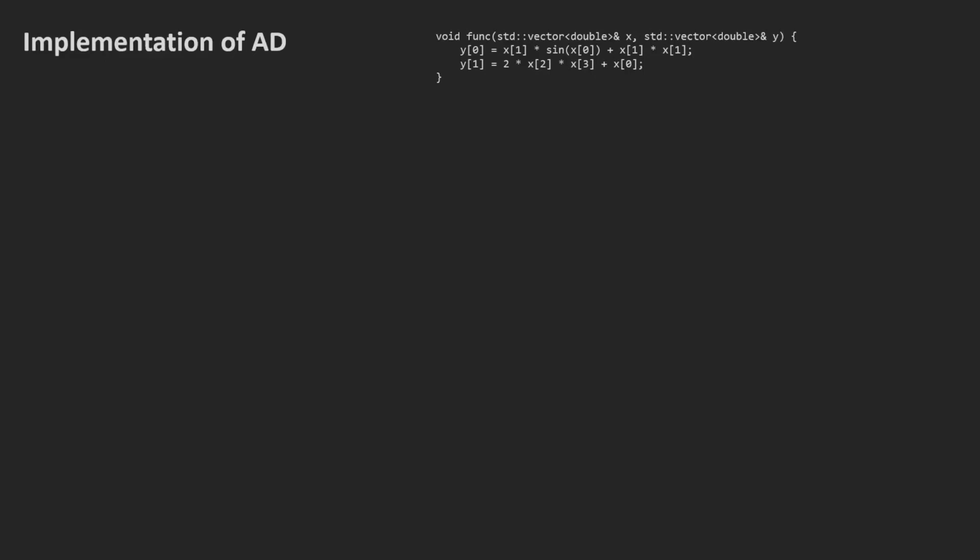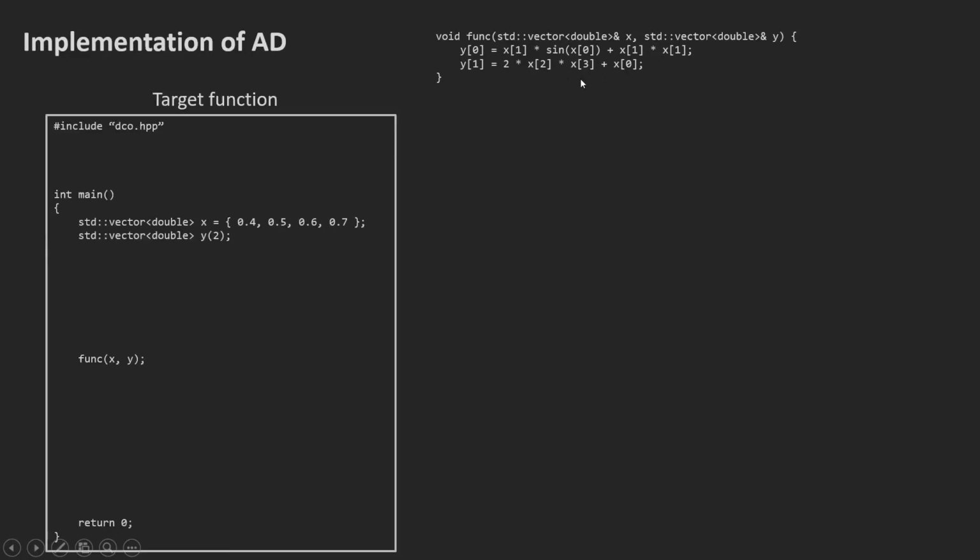We're going to use the same function as mentioned before, and we denote the output using the vector y and the input using the vector x. Let's first take a look at the target function itself. The x vector is initialized, and then the function is called to perform the primal calculation, and then it's done.